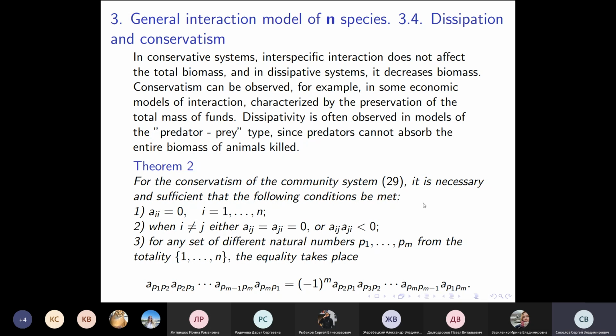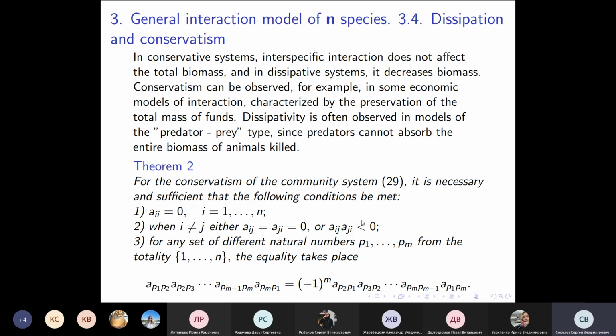So we can see that the predator-prey models with full transition of biomass are conservative. So far, they are stable according to our theorem. And we have seen it for two-species interaction. We saw that the predator-prey model with no self-limiting is stable, but not asymptotically stable.